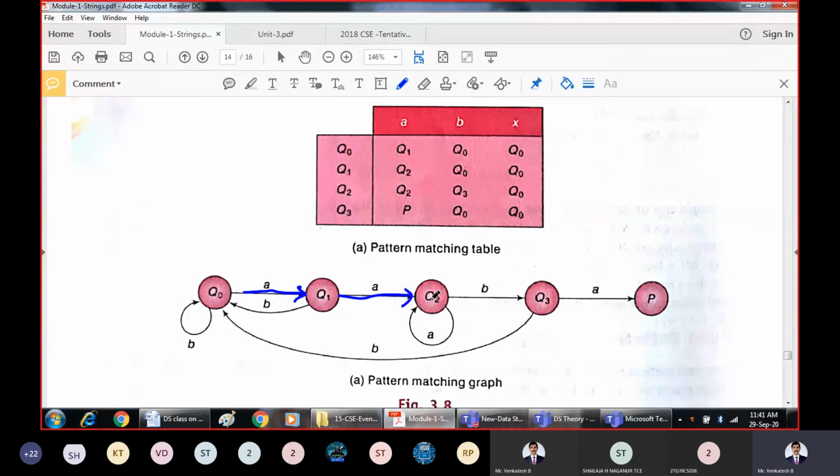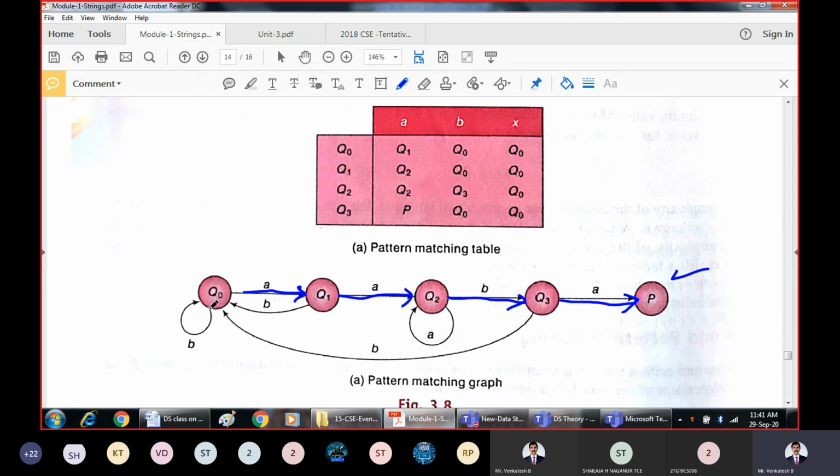From Q2, if you read B, you should go to Q3. From Q3, if you read A, you should go to P. That is what is successful. This is just written based on this table.